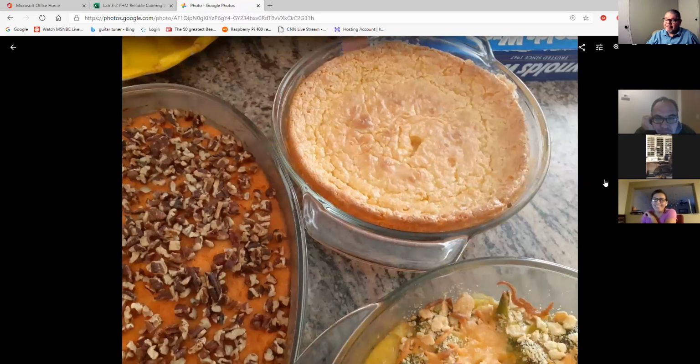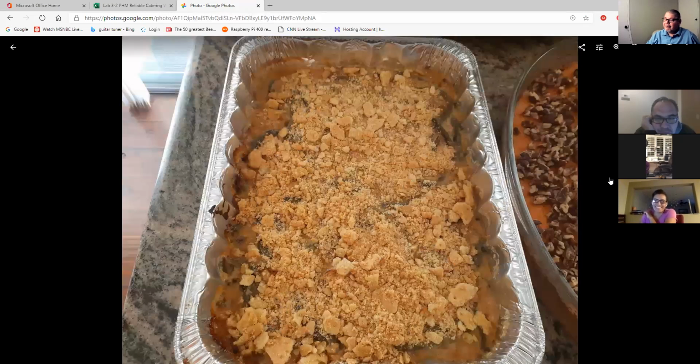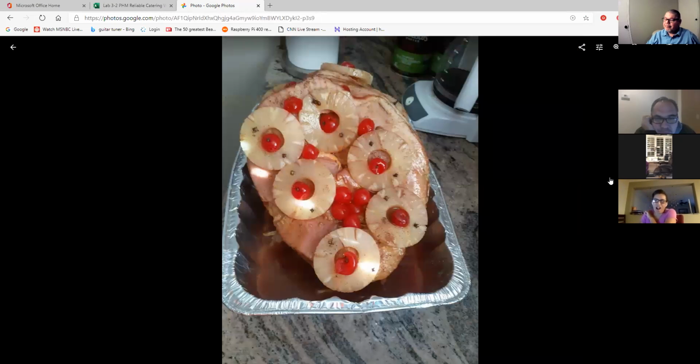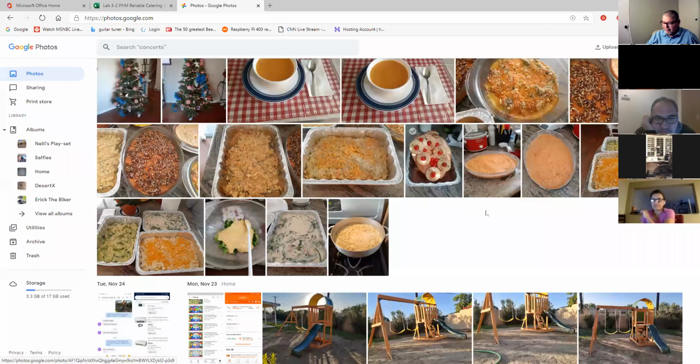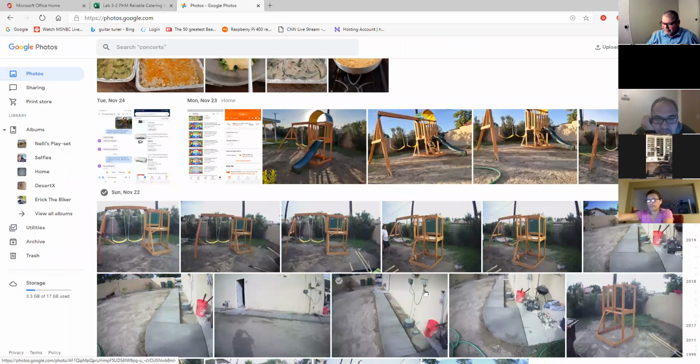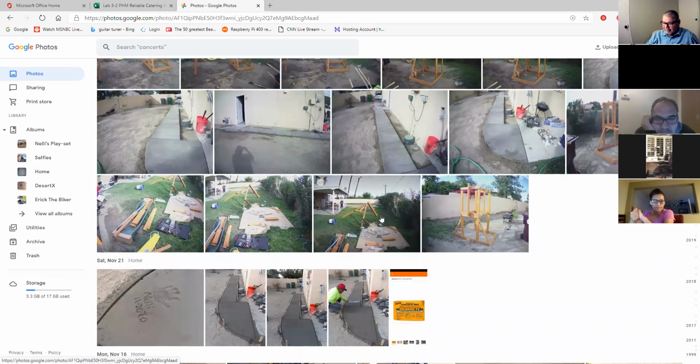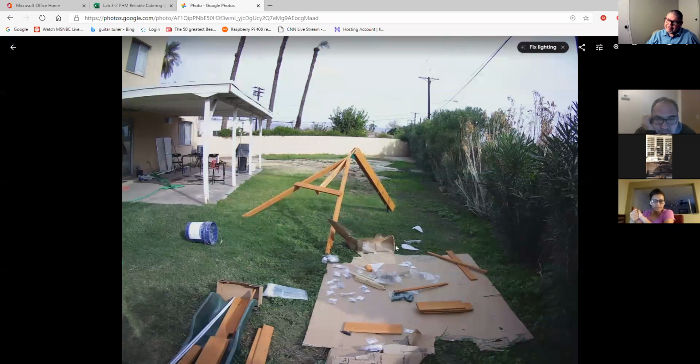All this food, my wife made. And of course the ham. We didn't have the turkey. And then I had this project that I needed to complete. I'll show you here. I got this playset for my son, so I have to put it together. And that's what I did.